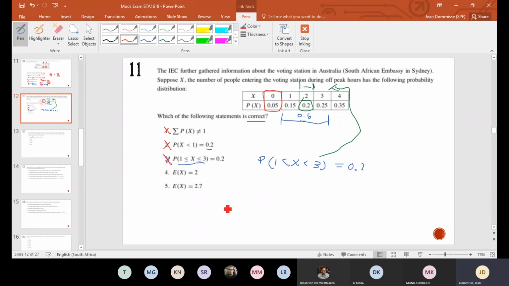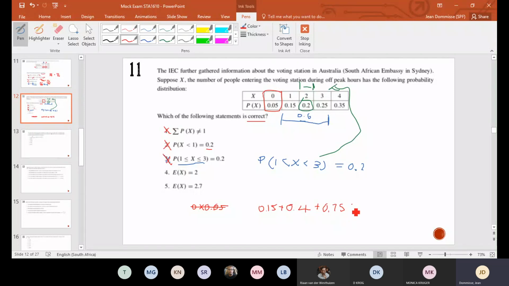So basically the 0 times the 0.05 would be 0 in any case, so we leave that one out. 1 times 0.15 is 0.15. 2 times 0.2 is 0.4. 3 times 0.25 is 0.75.